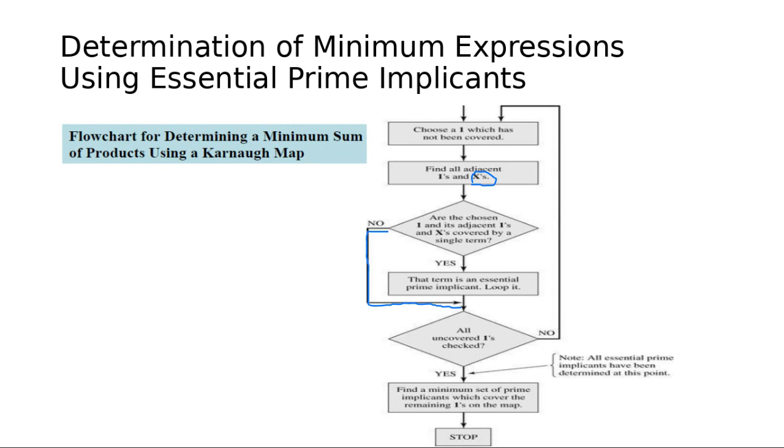Are all uncovered ones checked? If you have not covered all of the ones, then return to the beginning. If you cover all of the ones, then continue. Find the minimum set of prime implicants which cover the remaining ones on the map, and stop. This is the flowchart of the Karnaugh map process.